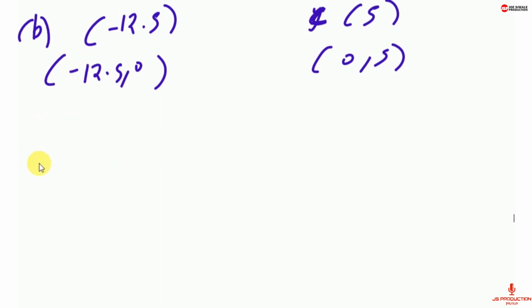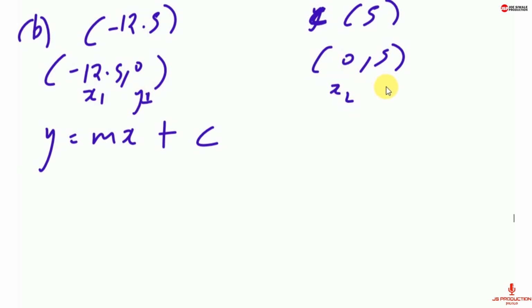So I can say that y is equal to mx plus c there. Then I know this is my x1, this is my y1, this is my x2, this is my y2.